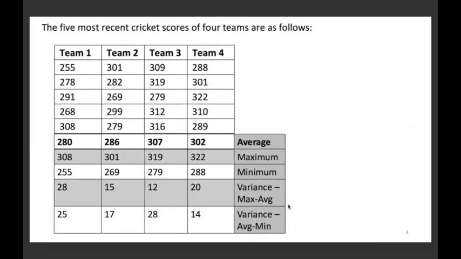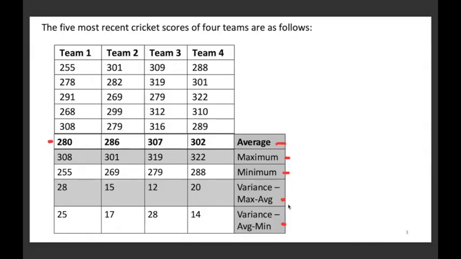So when you solve this, this is how the average works. We first find the average of all teams, which is written here. Followed by, we'll identify which is the maximum score and what is the minimum score. Once we find the maximum and the minimum, we find the difference between the average and the maximum score, and the difference between the minimum and the average score for each team.